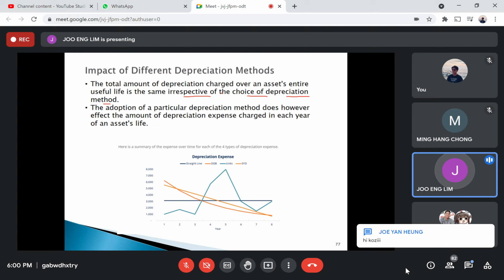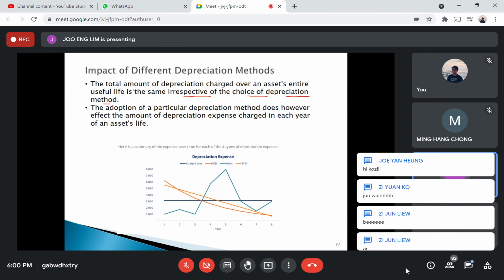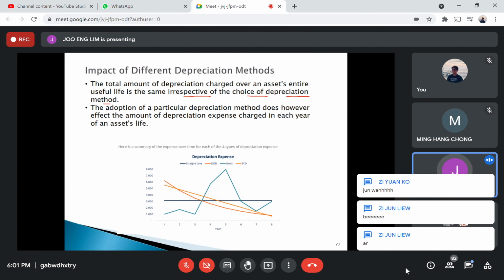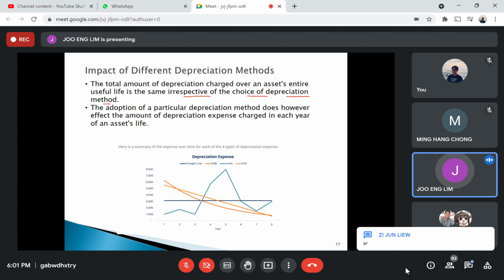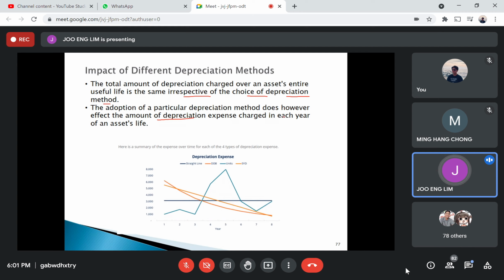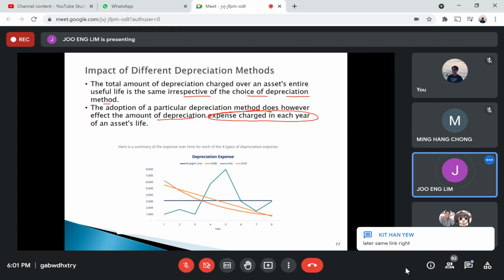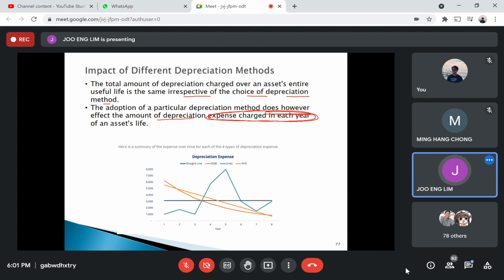So the total amount of depreciation that you calculate is the same, no matter which technique you use. The adoption of a particular depreciation method does, however, affect the amount of depreciation expense in each year. So what is different is that the total is the same, but the amount charged in each year of the asset's life differs.